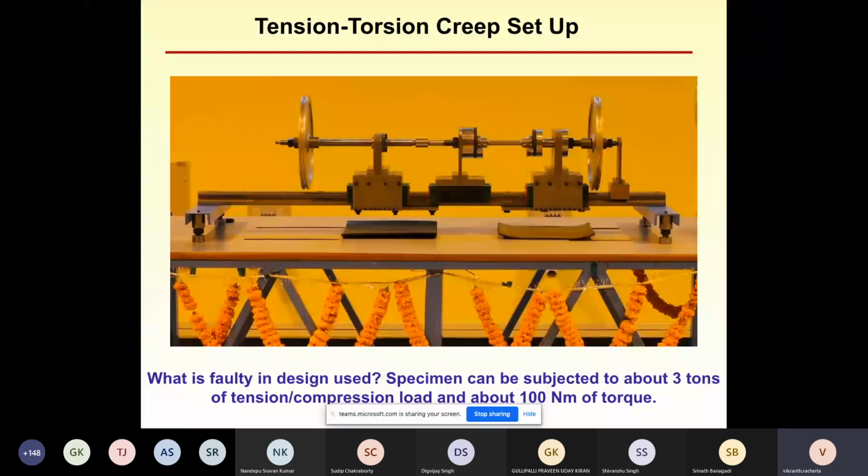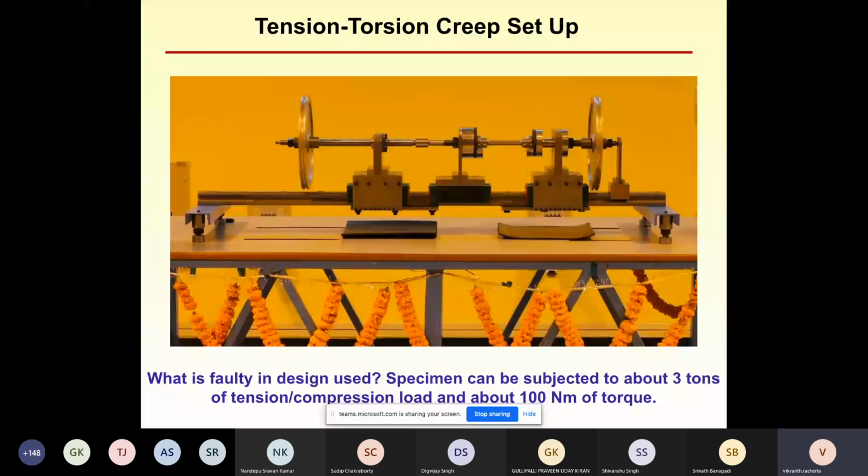They were costing more than a crore, and creep experiments require materials to be subjected to stresses in some cases for several days together. If you use a hydraulic system, the hydraulic power pack must be switched on all the time. And in India, conducting an experiment over several days without interruption is a very big challenge because of power cuts and other things that we face. And also that money of 1 crore and above was too costly for us.